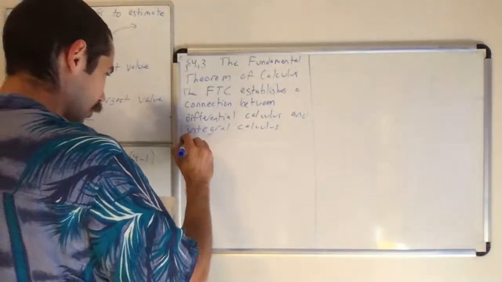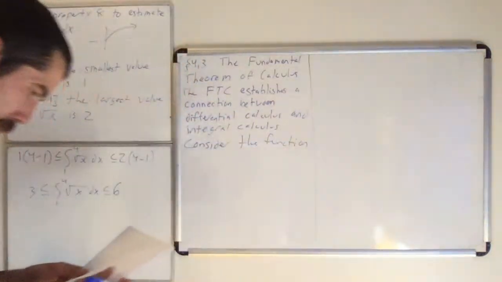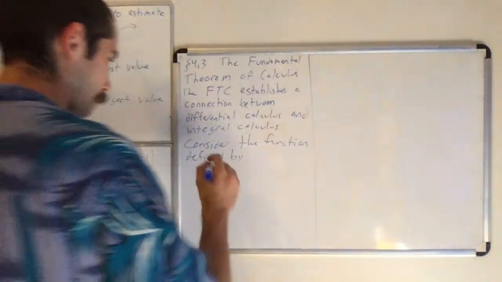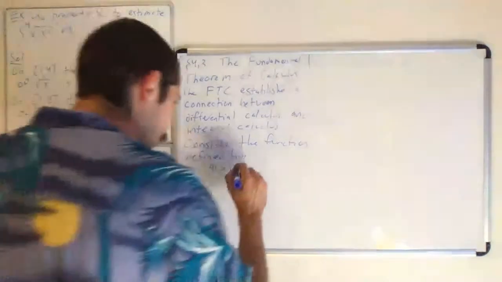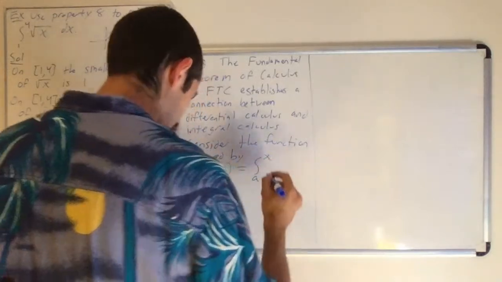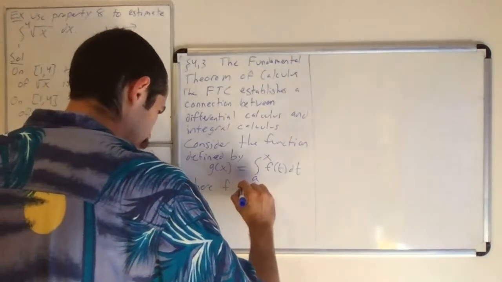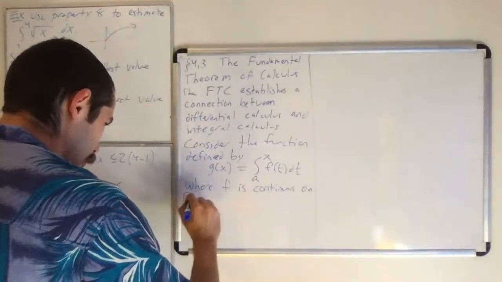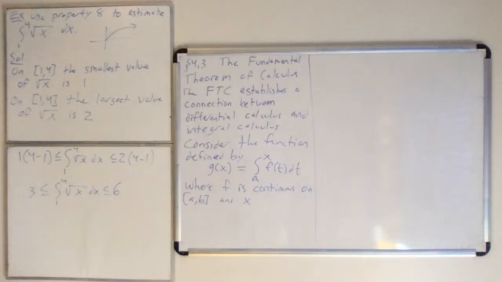Consider the function g defined by g of x, so its inputs are x, is equal to the integral from a to x of f of t dt, where f is continuous on the interval [a, b], and x varies between a and b.